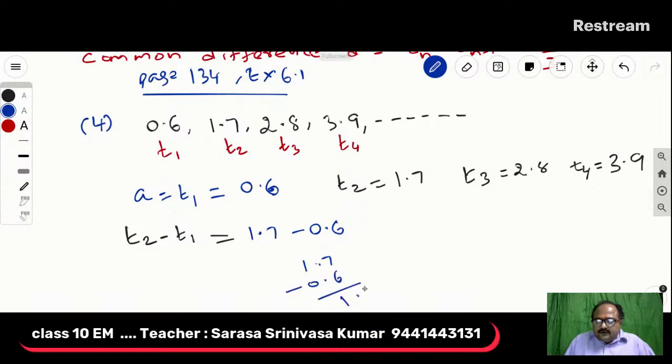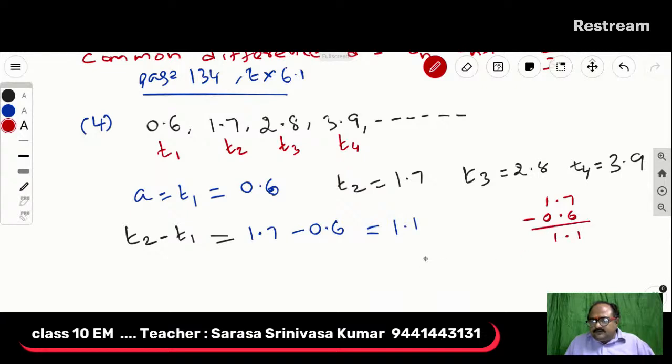This is 1.1, so this is equal to 1.1. We can write the simplification part here: 1.7 minus 0.6 is 1.1.